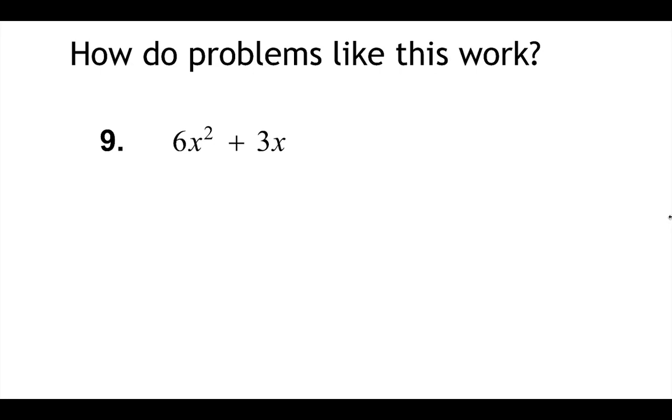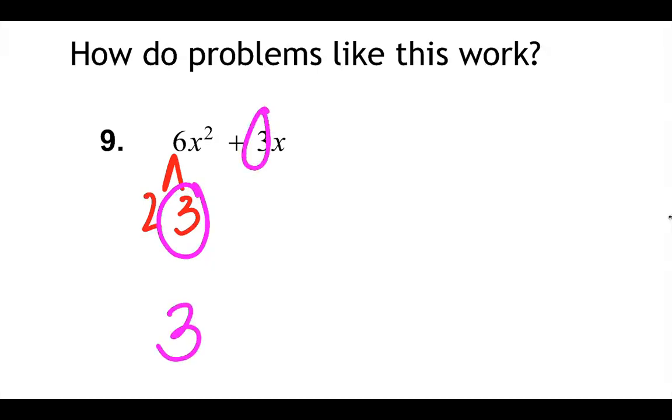number 9. I can take a 3 out of both of these, because if I were to break down 6, I would have 2 times 3. So I can take a 3 out of both. 3 is the biggest number, and then I look for the smallest exponent and variable, which is x. So I can take an x out.